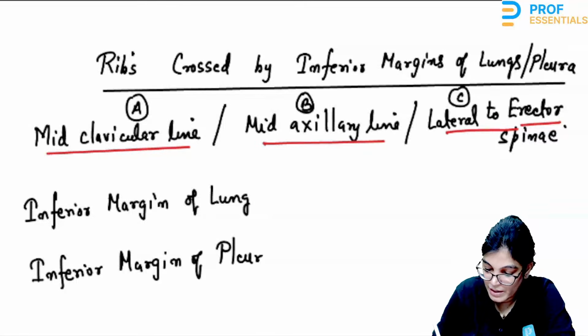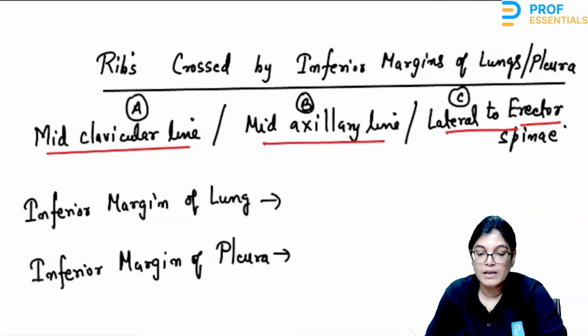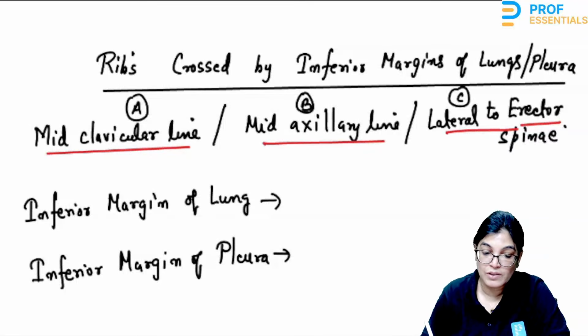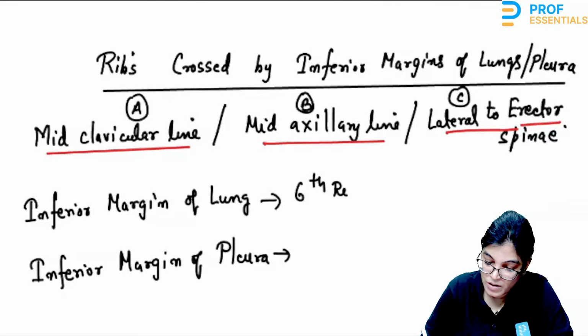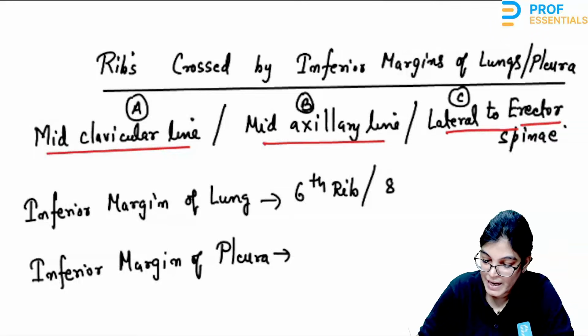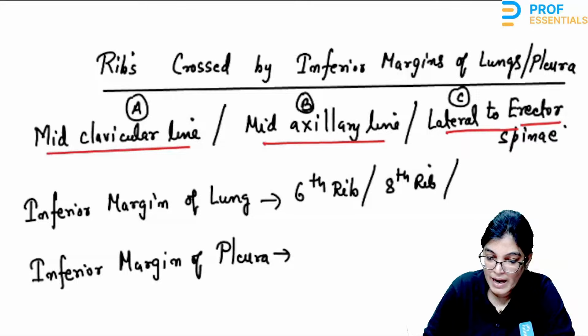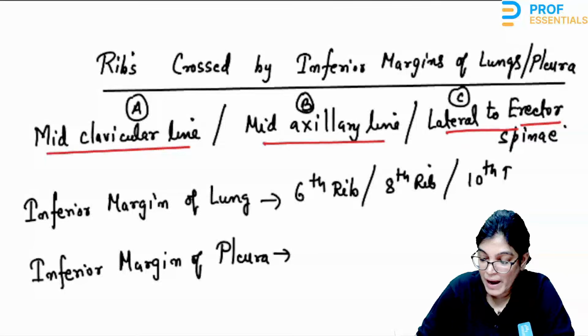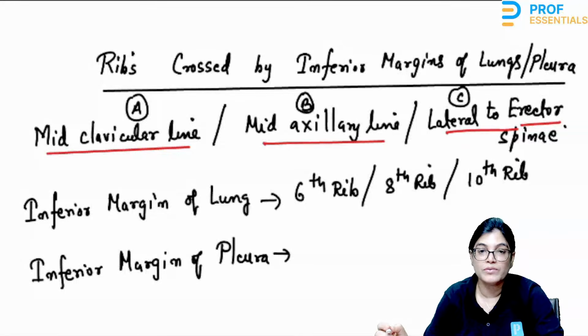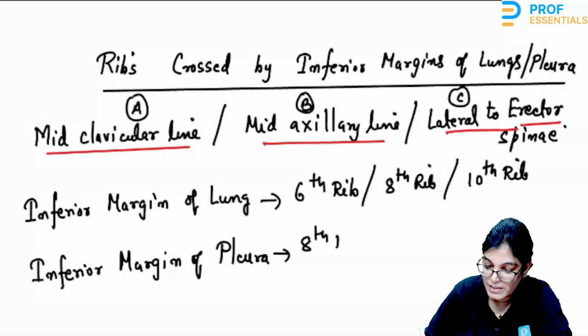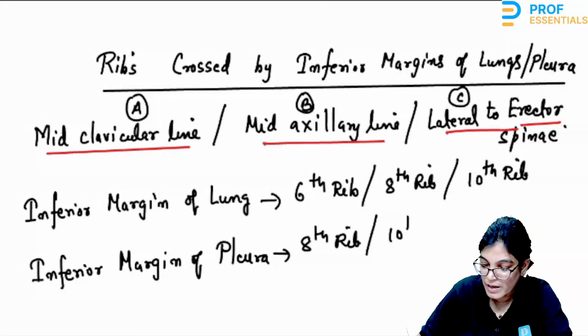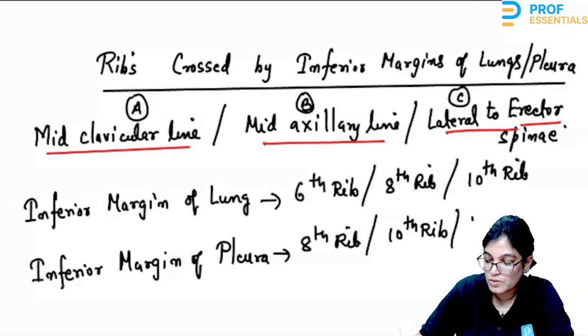So if I talk about the inferior margin of lung, in the mid clavicular line it crosses the sixth rib, in the mid axillary line the 8th rib, and the 10th rib at the lateral border of erector spinae muscle. 2 ribs are added on for the pleura. So this is what you have to understand.